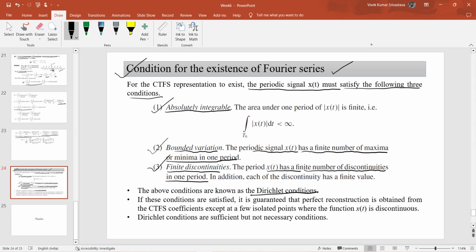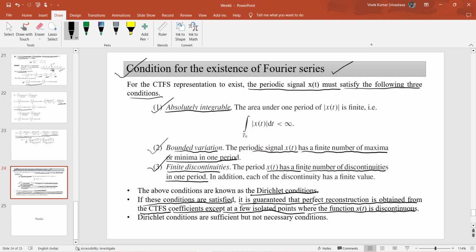It means that if these conditions are satisfied, perfect reconstruction is guaranteed from the continuous time Fourier series coefficients, except at a few isolated points where the function x(t) is discontinuous.